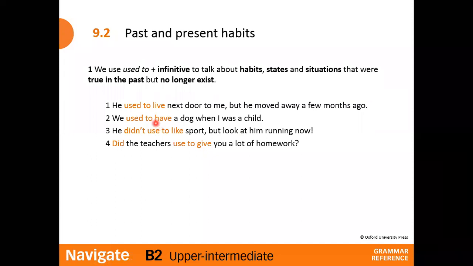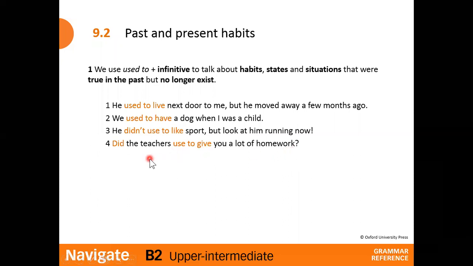Okay. Next example, he didn't used to like sport, but look at him running now. So he didn't used to like. The word like is also a stative verb. So he didn't used to like means a past state. All right. Now next, did the teachers used to give you a lot of homework?